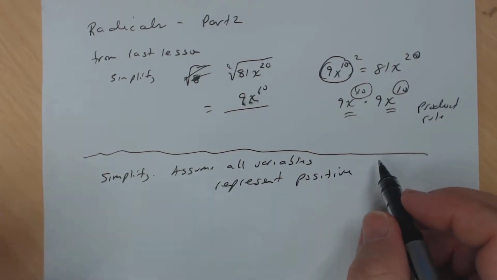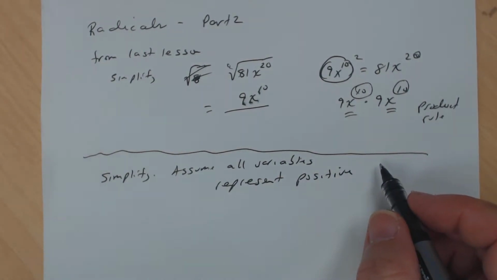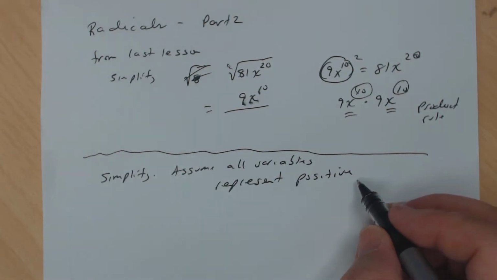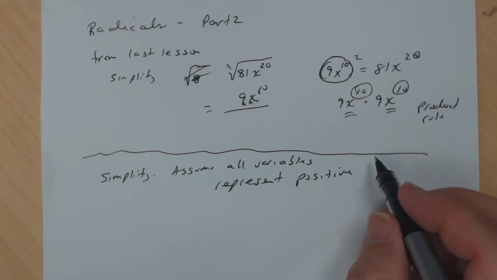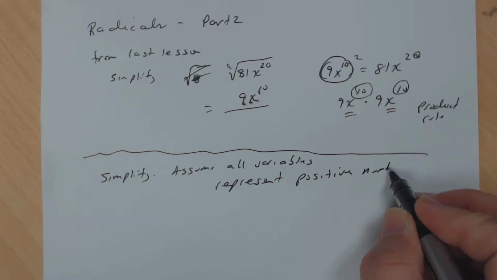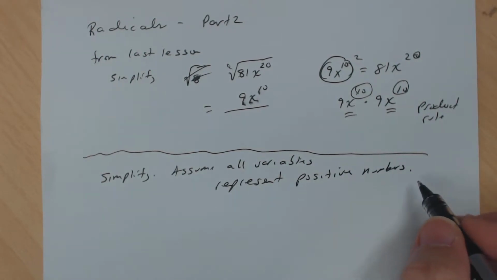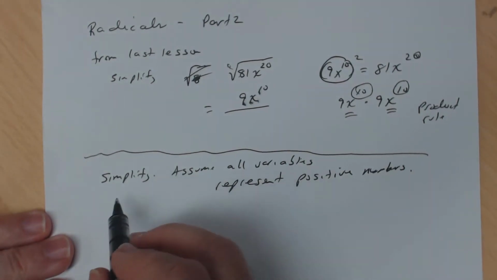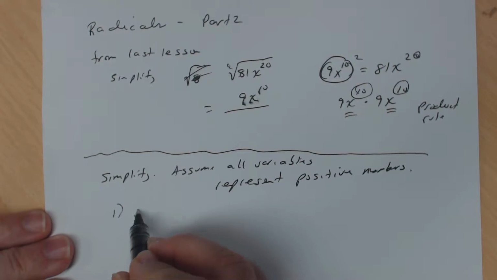In the next lesson, we're going to assume that's no longer the case, in which case we're going to talk about the absolute value. But in this case, let's assume they all represent positive numbers, so we're not going to worry about absolute value.